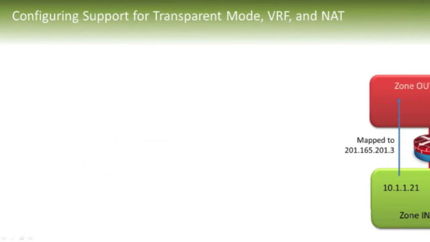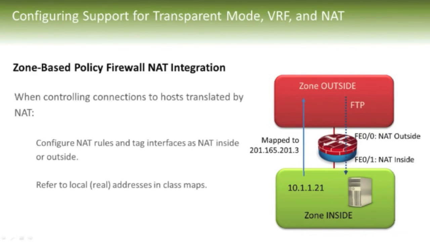And finally, NAT. More great news regarding network address translation. You see, when we're doing NAT, we create and configure NAT, and then all we've got to remember to do in our zone-based firewall configuration is to refer to local addresses that are communicating across the firewall.